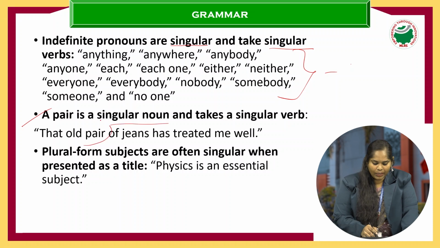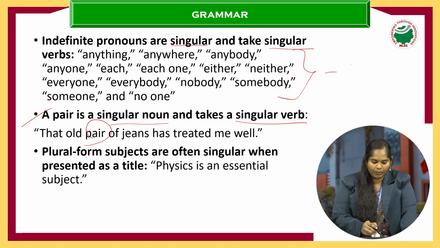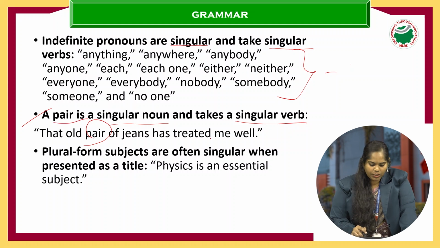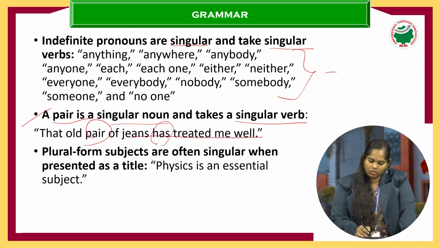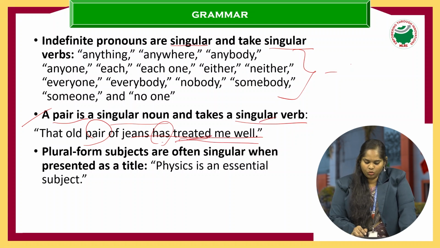Okay, so next one is a pair of singular. So whenever you see pair, it is considered as singular, so go with the singular verb. That's the basic landmark. Whenever you say pair: that old pair of jeans has treated me well. Here the context, you're talking about an old one, so that's why has treated. So jeans has treated, has comes with the singular. Treated me well. Treated, again, you don't worry about this ed, you only have to see about this.